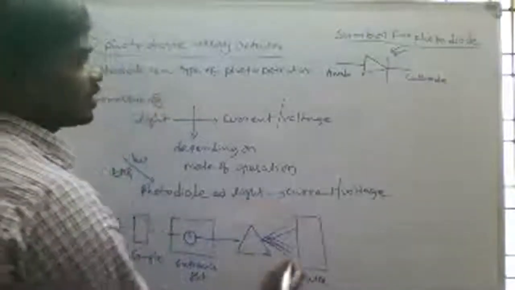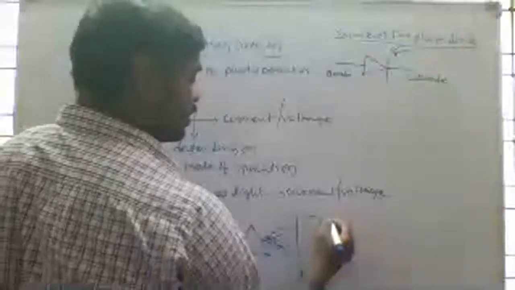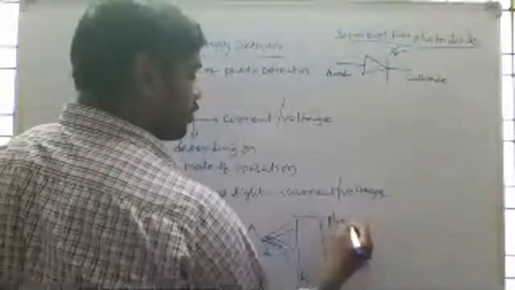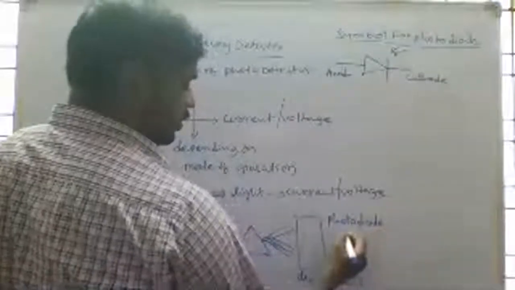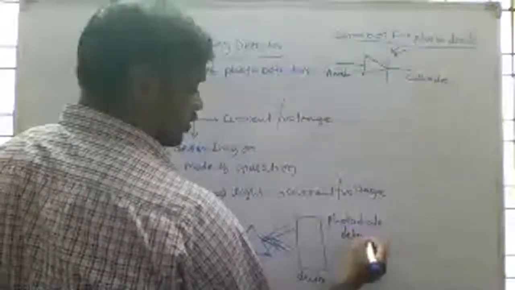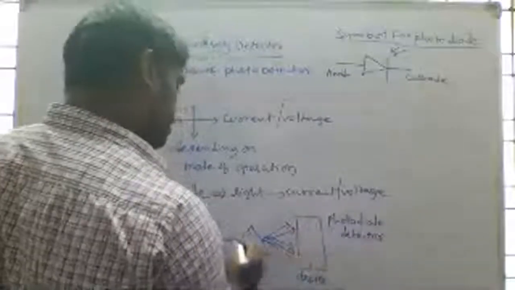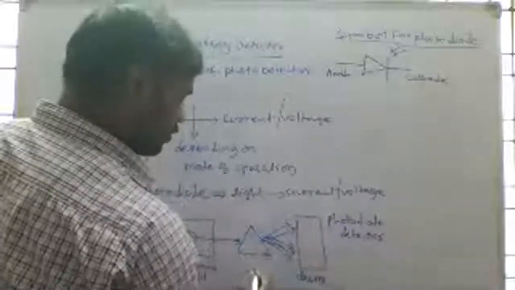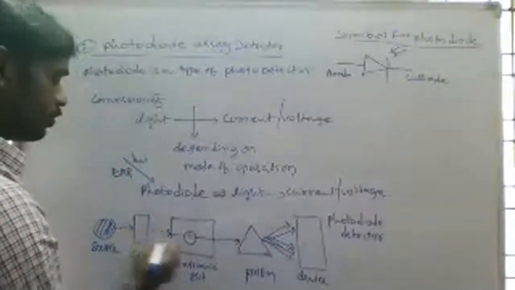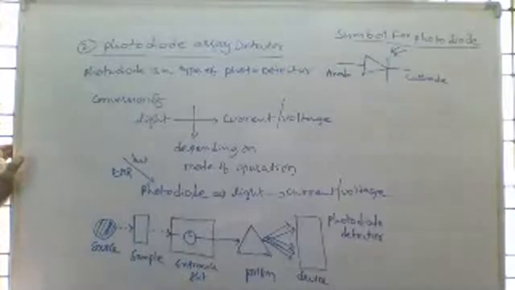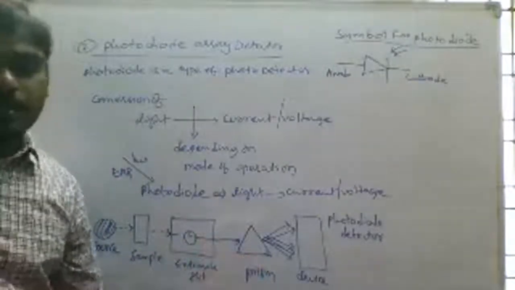This device is called a photodiode detector. So this is the photodiode array detector construction, the cell construction.